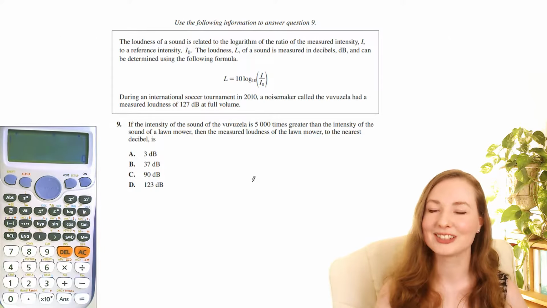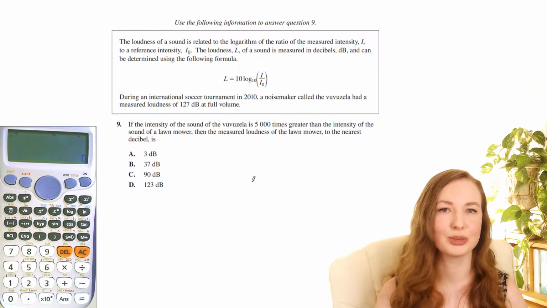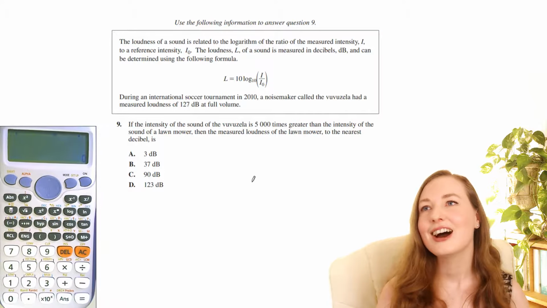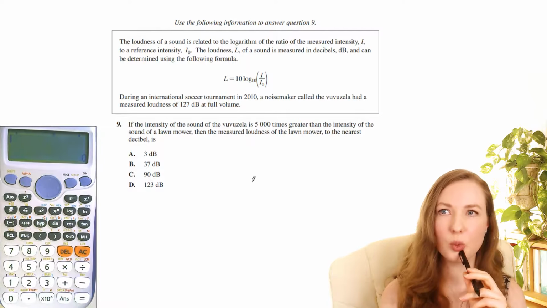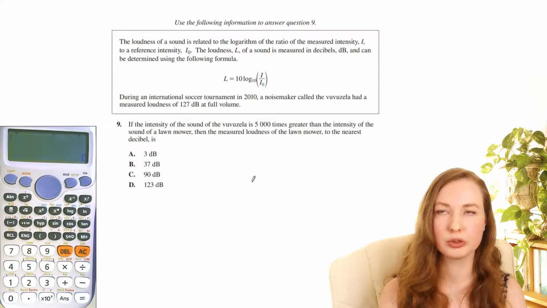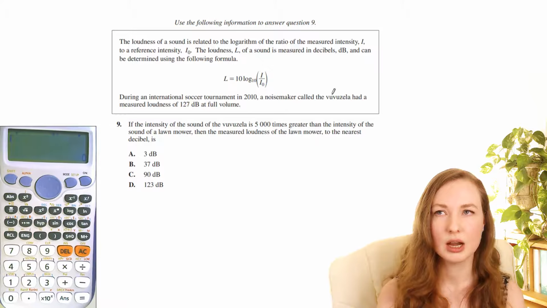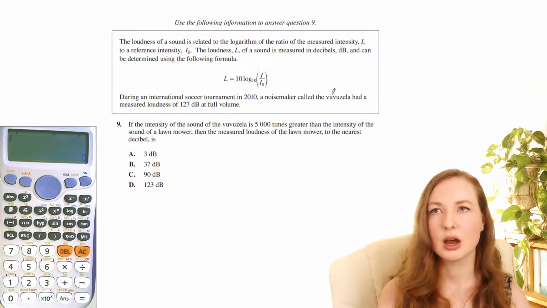Okay, this one was answered correctly by 32.8% of students. Okay, so I think I can see where people went wrong with this one. Probably they thought that I0 might be the intensity of the vuvuzela, and that would give you the wrong answer.